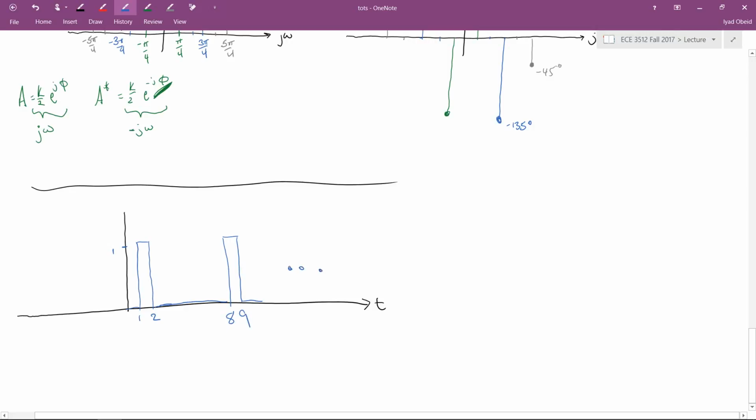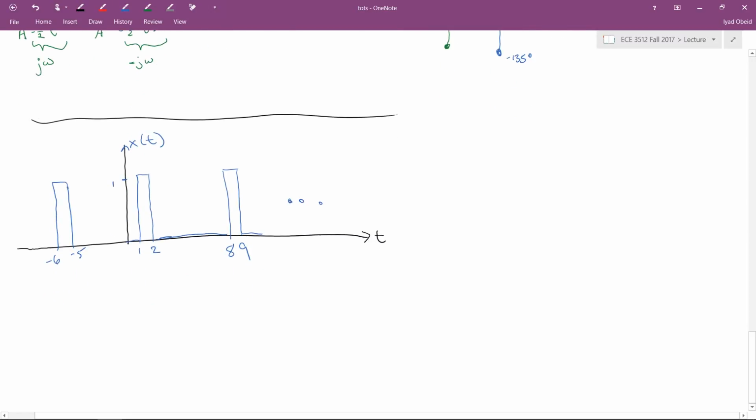And I guess on the other end, it'll repeat from -6 to -5. So let me see if I can draw that properly. -6 to -5. Let's double check the math. That looks good. Okay, so this is x of t.